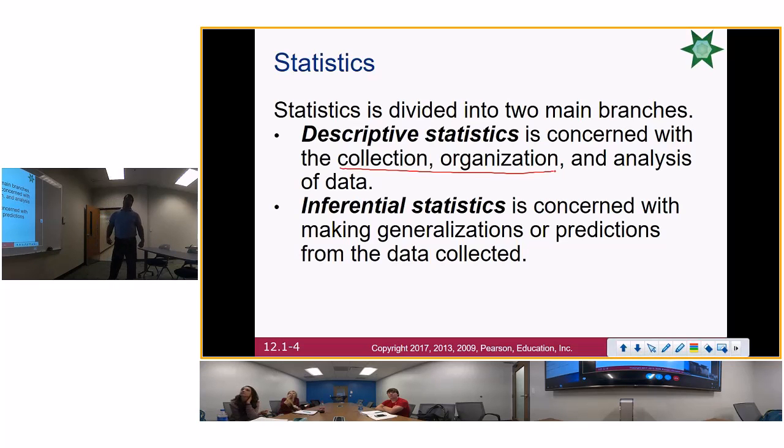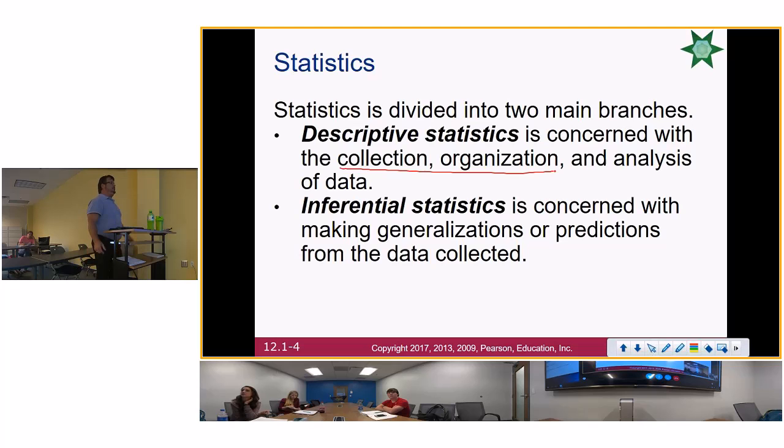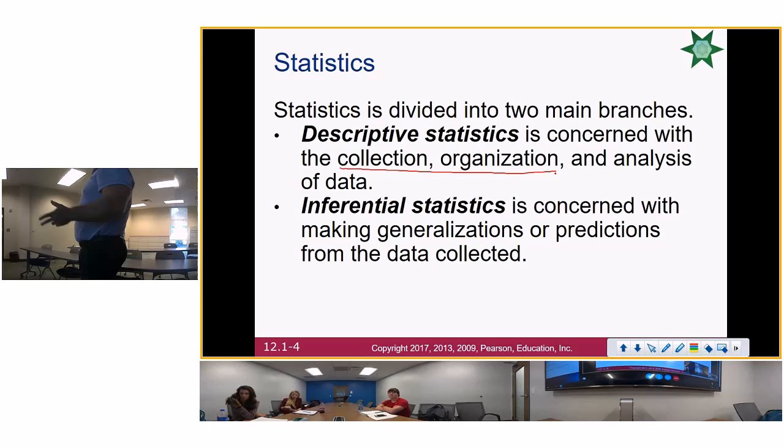Let's say Mr. Robinson goes out and wants to find out how many drunk drivers were arrested or in a wreck in Walhalla in 2017 or so far in 2018.